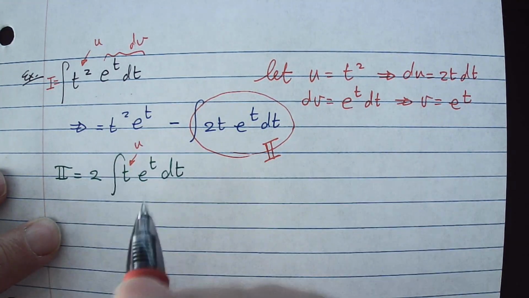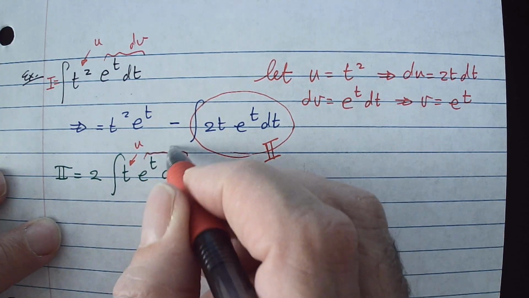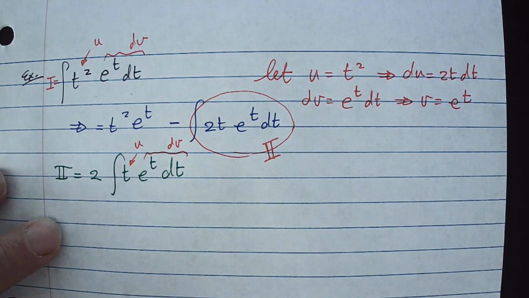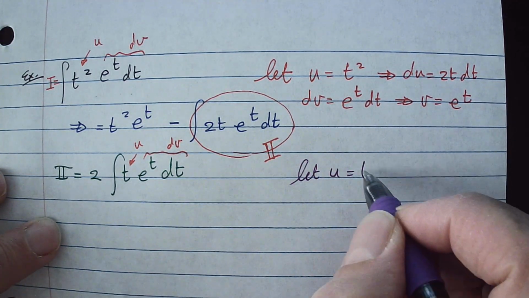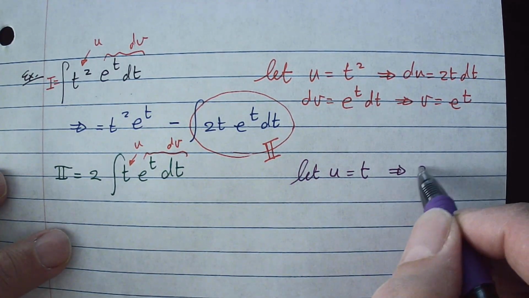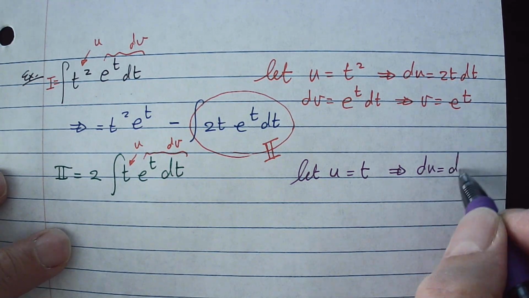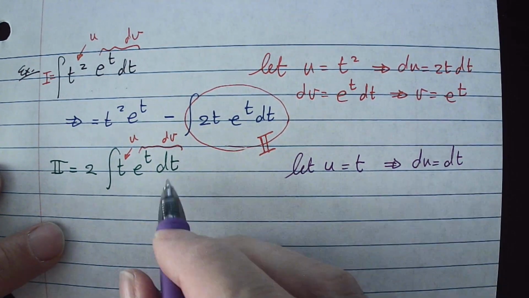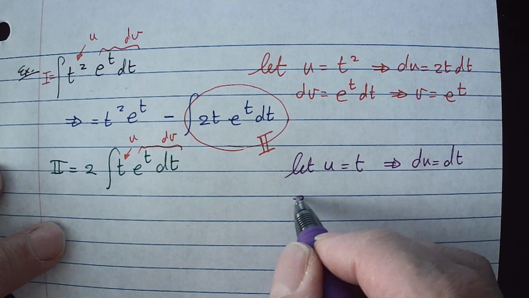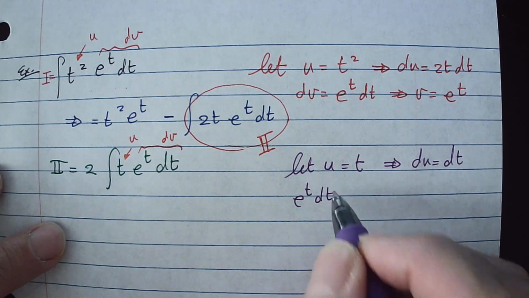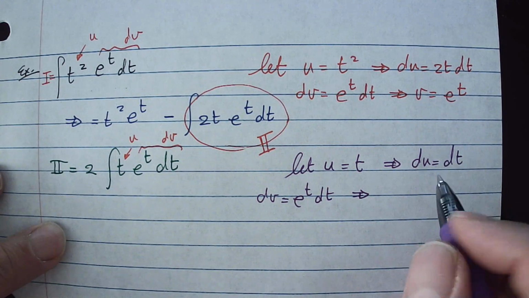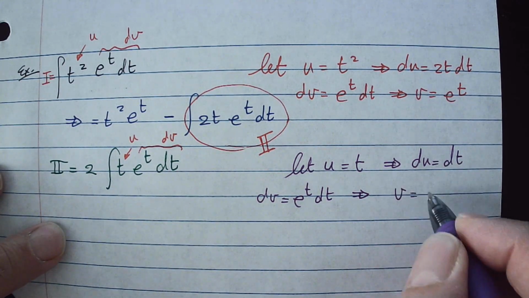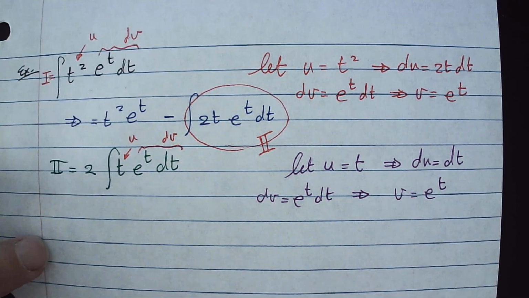Here I'm calling this u, I'm calling the rest dv, and one more time let u equals t now, therefore du is dt, and e to the t dt, I'm calling it dv, and therefore I have v equals e to the t.